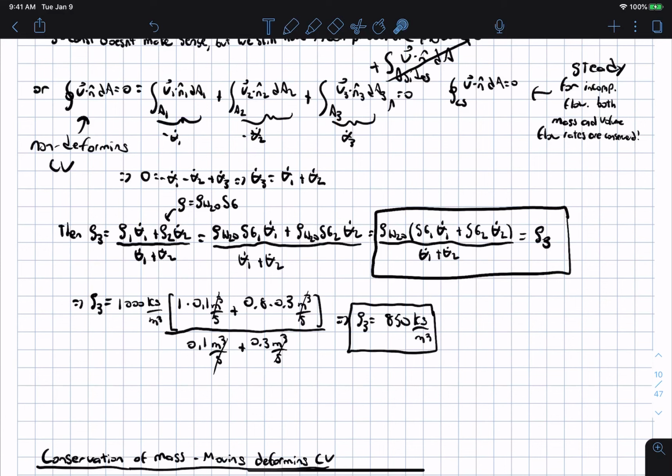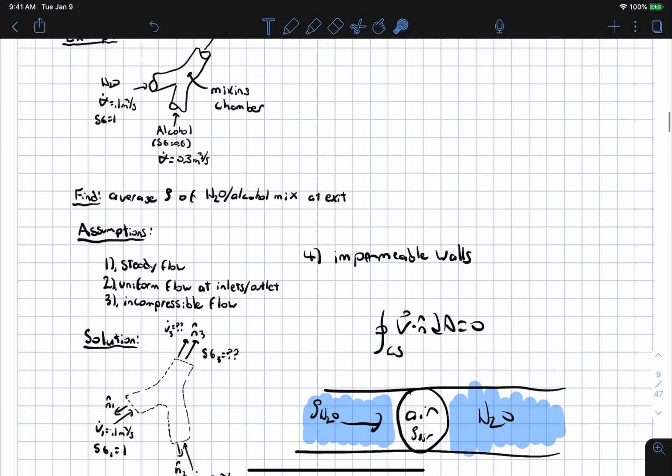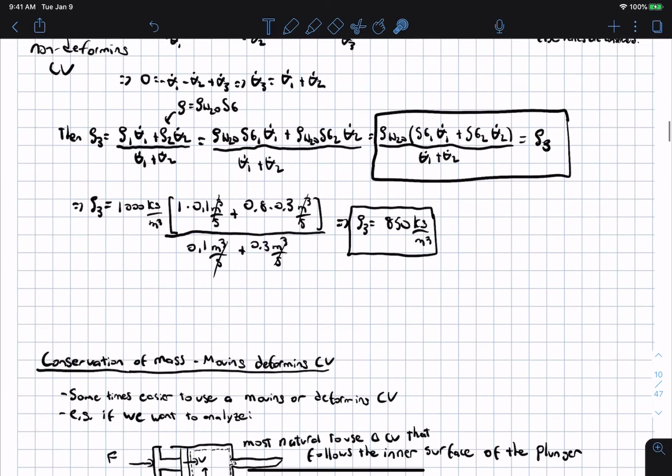Stick in the numbers, and use a density of 1,000 kilograms per cubic meter for water, a specific gravity of 1, a volumetric flow rate of 0.1 cubic meters per second, a specific gravity of 0.6 for the alcohol, and its volumetric flow rate. And we stuff in the numbers, and we get 850 kilograms per cubic meter.